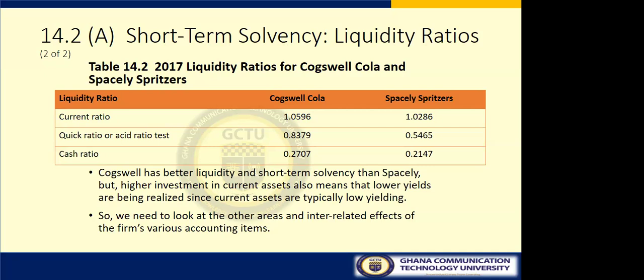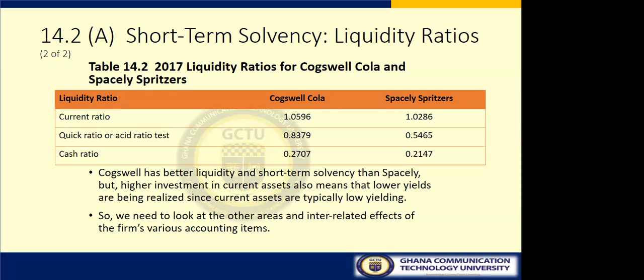Yes, you can go ahead. My name is Anthony. With the first one, what I would say is that the company has more current assets to settle its current liabilities within that year.